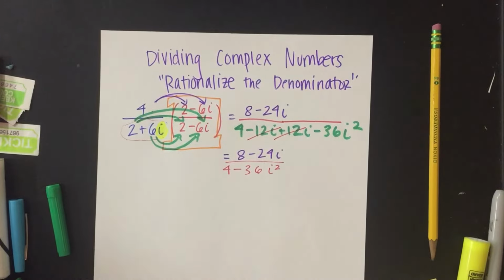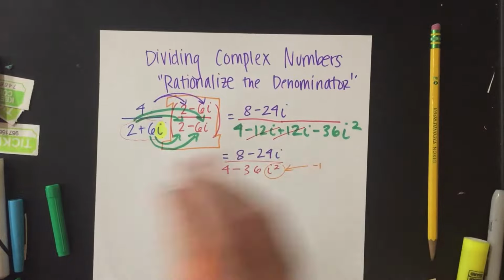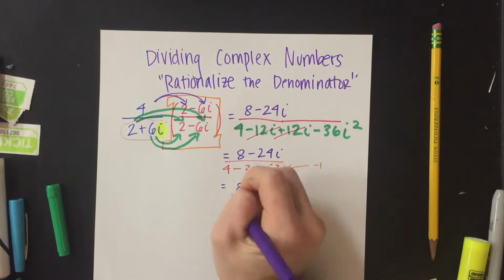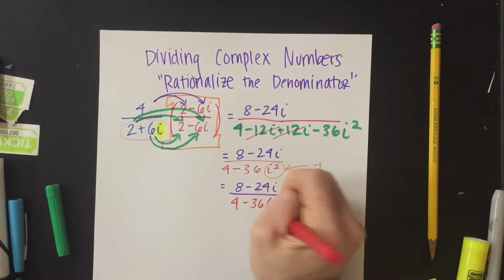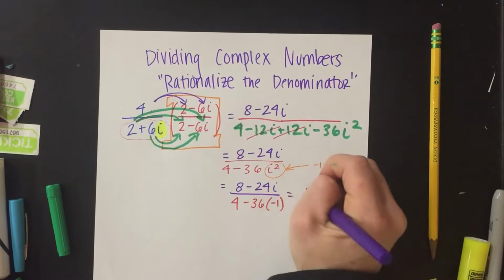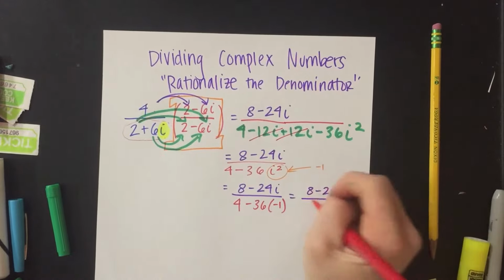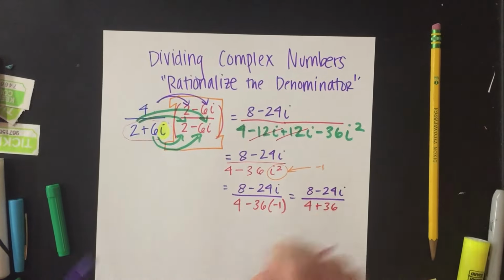The next thing I can do is plug in for that i squared, because we know that i squared is equal to negative 1. So I have 8 minus 24i over 4 minus 36 times negative 1, which is equal to 8 minus 24i over 4 plus 36, because a negative times a negative is a positive.